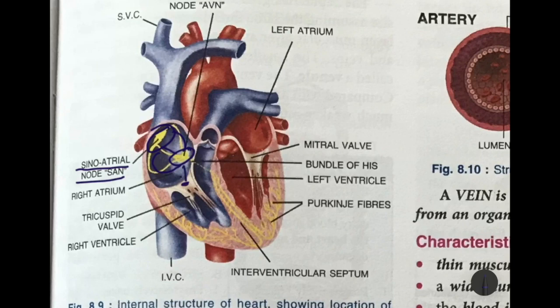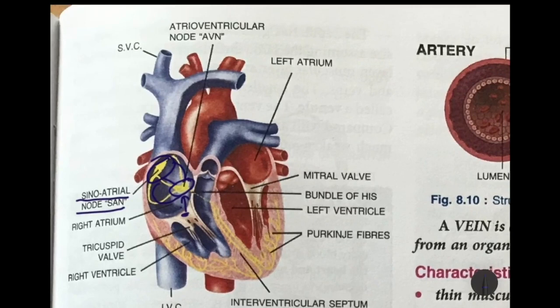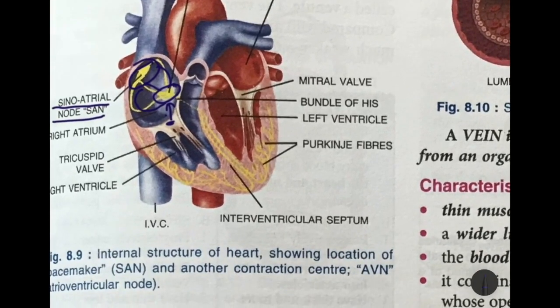Just next to the tricuspid valve, you will see the atrioventricular node or the AVN, and from there it goes right down here, between the interventricular septum, that is between the two ventricles, then you can see how it goes in all directions as Purkinje fibers carrying the impulse with them.